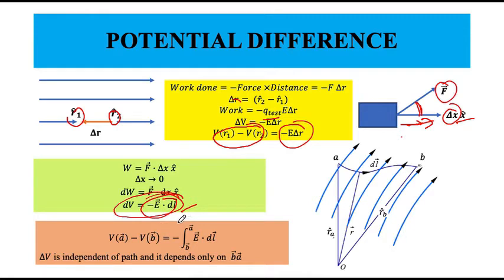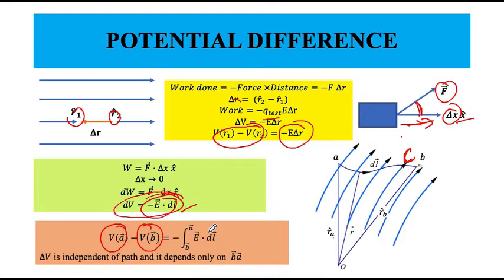This path is given the name C, and the potential difference, V at A minus V at B, will be the integral from B to A of minus E dot dl.